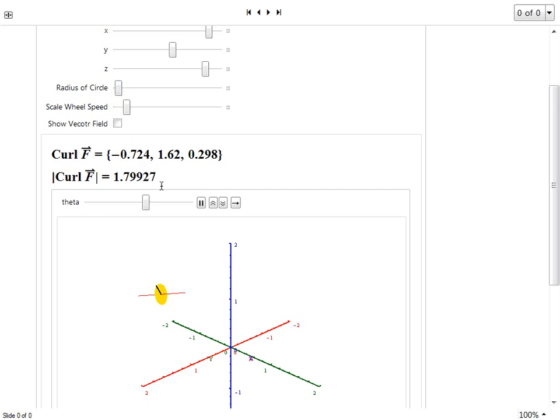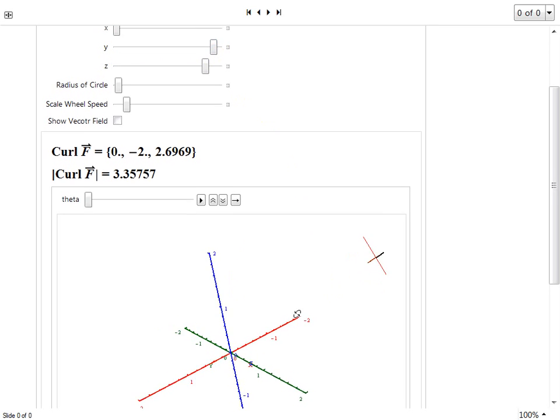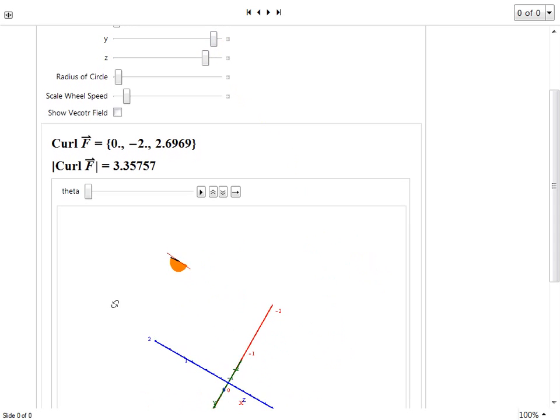Let me pause it so I don't freak everything out. Let me move it to somewhere else where I would like to have a larger curl. 2.3, 3. Okay, so now I'm going to have to rotate the whole thing so we can see it. Let's just play it.